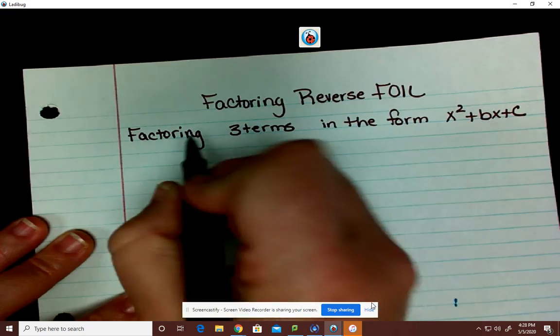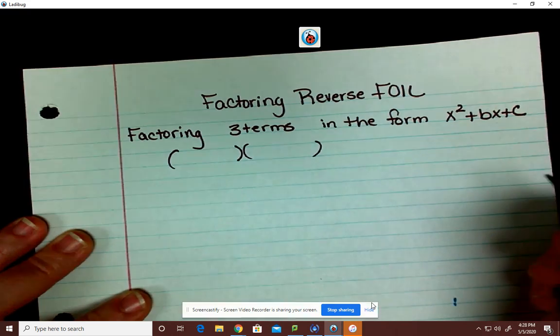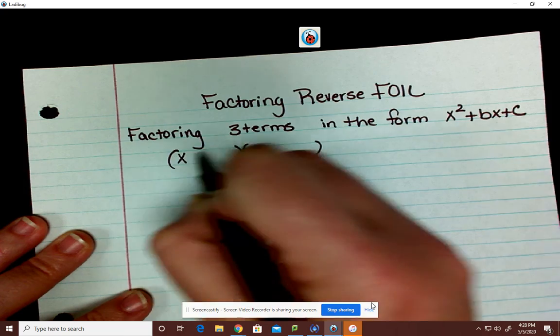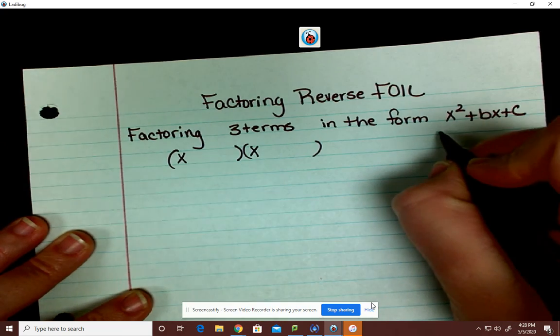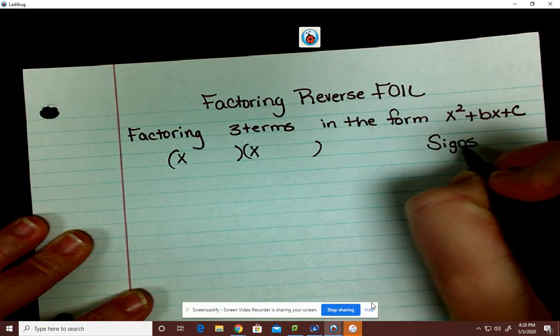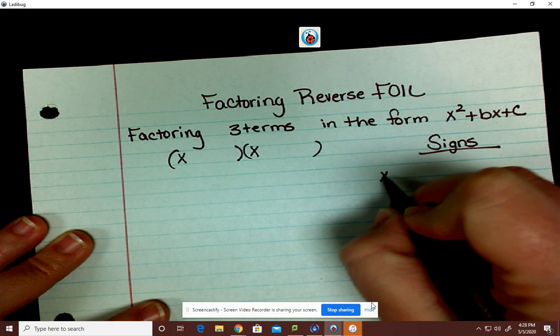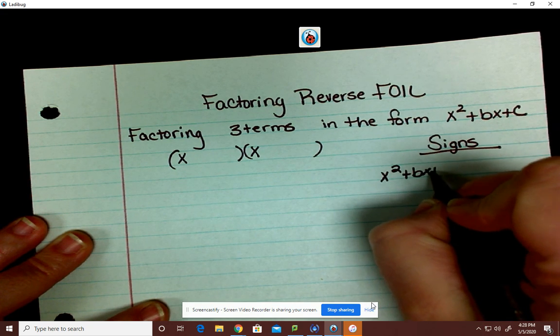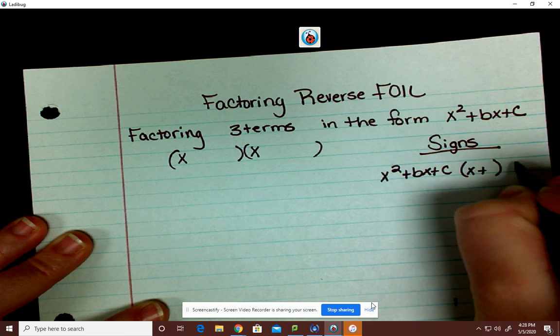So these always factor into two parentheses with x and x. We always write that first. Then we have to decide on our signs. Remember, we made these cheat notes for our signs. They're in our foldable, but I'll go ahead and put them here.